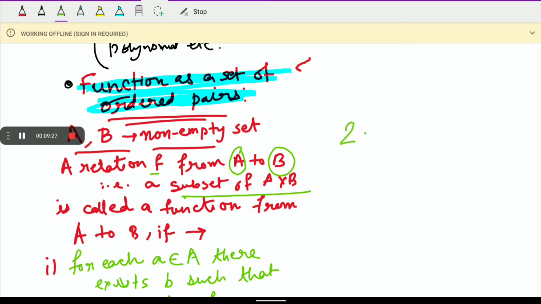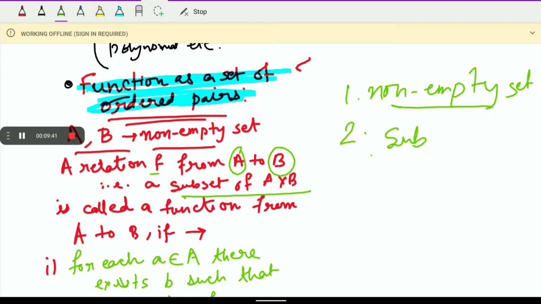Number one, it is mandatory that the two sets involved in the relation are non-empty, and number two, the relation is a subset of A cross B, where A and B are the given sets.